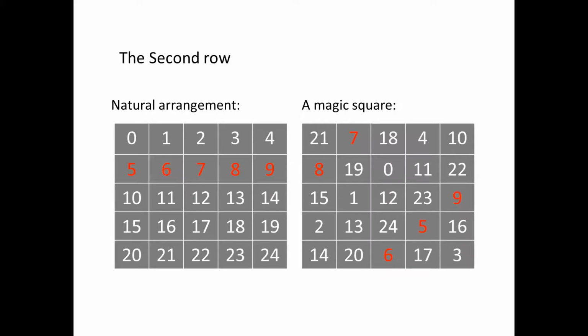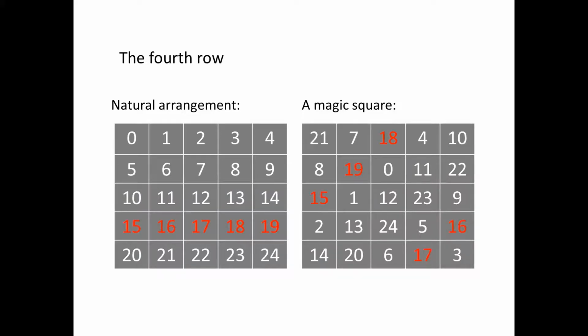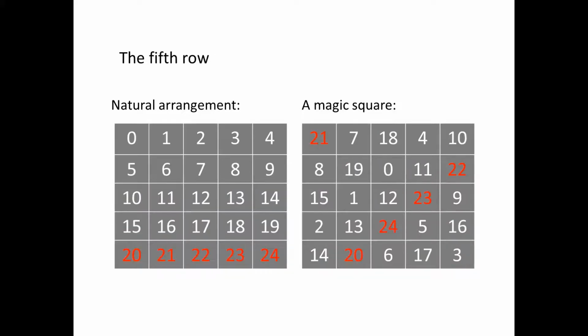The second row followed exactly the same movement or pattern, 5, 6, 7, 8, 9. And the third row, 10, 11, 12, 13, 14, perfect. And the fourth row, the fifth row.